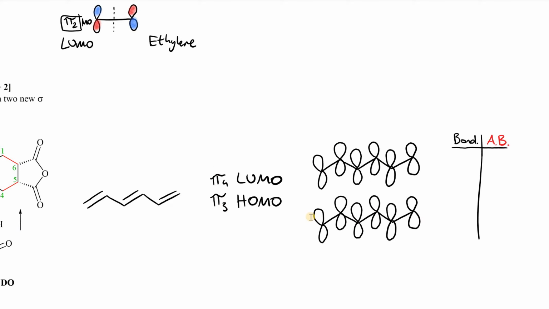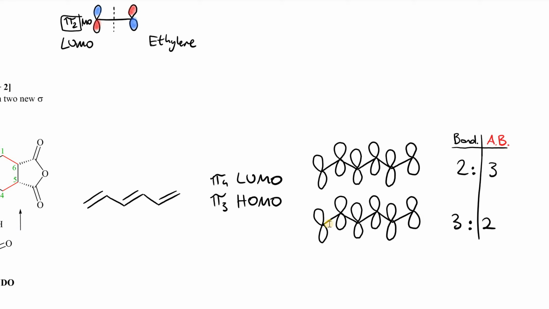So for the highest occupied molecular orbital, we need more bonding interactions than antibonding. In this case, for hexatriene, it's a 3-to-2 ratio. So it makes sense that the LUMO would be a 2-to-3 ratio. Let's see if we can prove that with molecular orbital theory and drawing out these diagrams. So for the HOMO, we need to maintain bonding interactions.